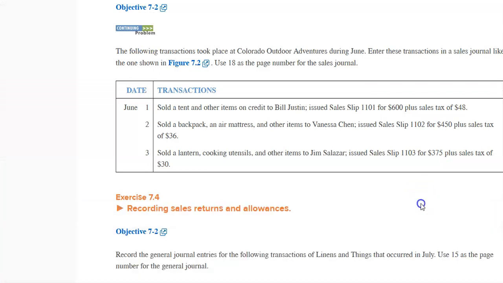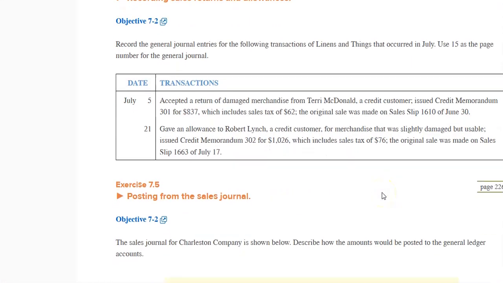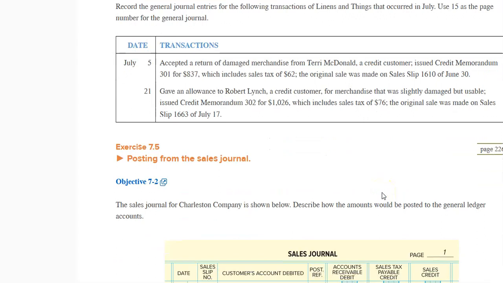Okay, let's look at what 7.4 wants. Record the General Journal entries for the following transactions. So there's only 2, but these transactions are usually more than 2 entries. Now that we have sales return and allowances and sales tax payable, we're usually dealing with at least 3 entries.